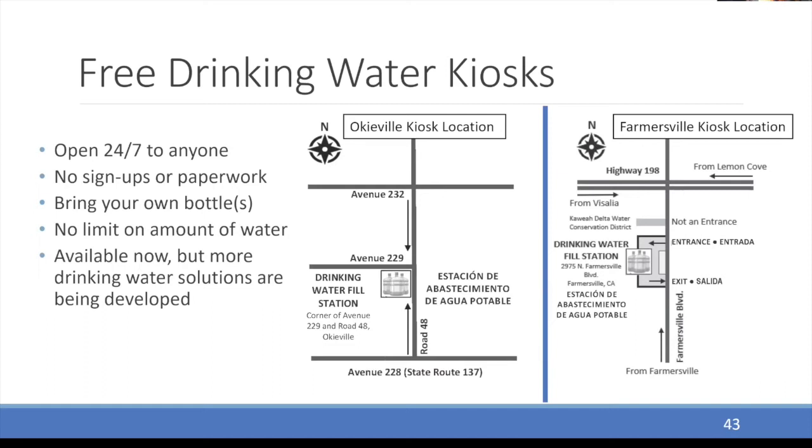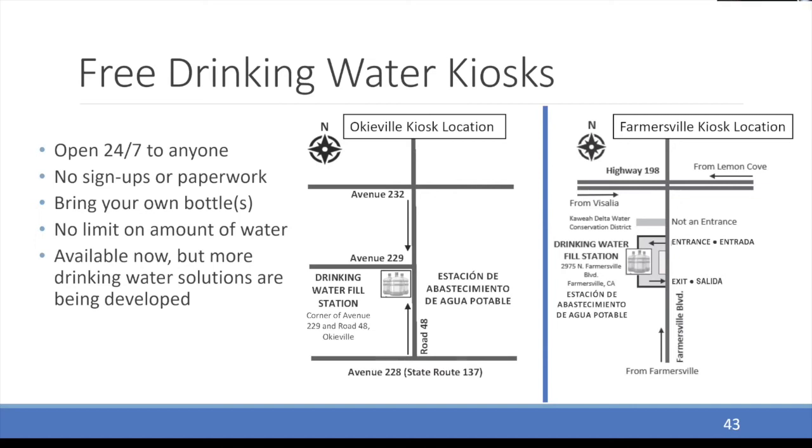But what we're hearing from other state regulators or the Division of Drinking Water is that wouldn't be a preferred option, that you wouldn't put a kiosk at a community, for example Lemon Cove, where the water isn't safe to drink. You would probably work with the communities nearby to have a kiosk available where water already meets the standard.